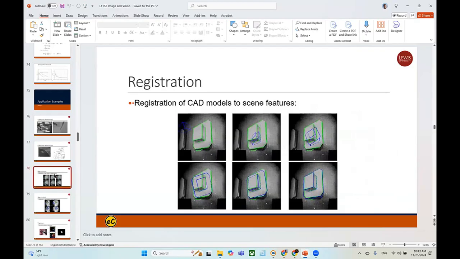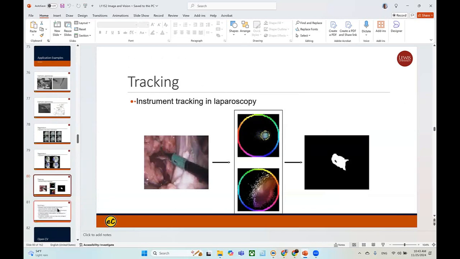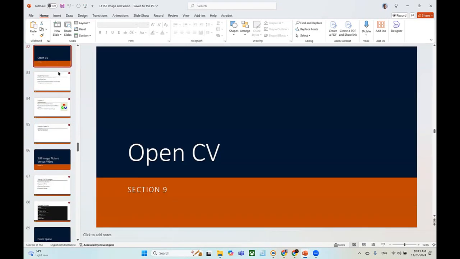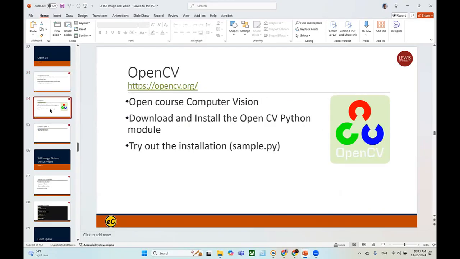And then you can use it for computer-aided design, for the vision. And then we talk about OpenCV, open computer vision. So here, I just tell you how to get the package.